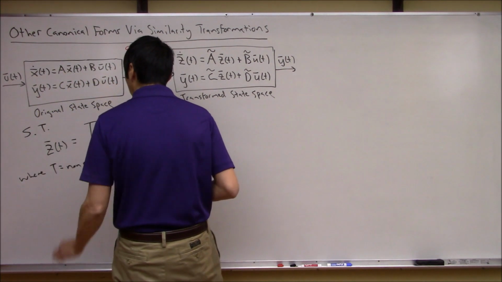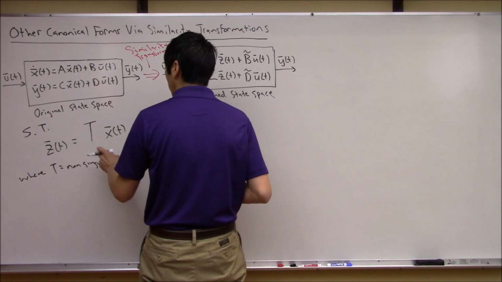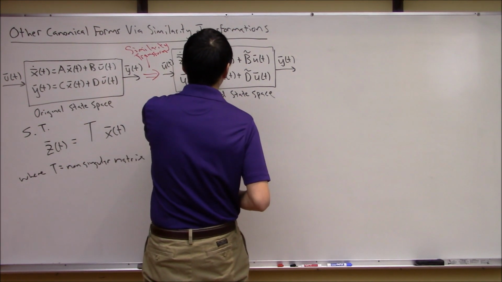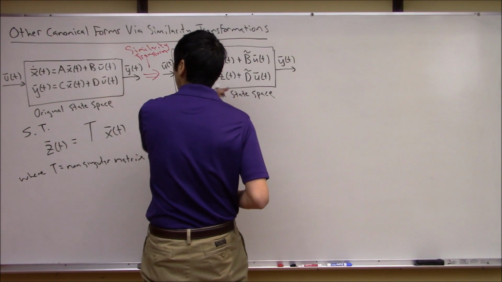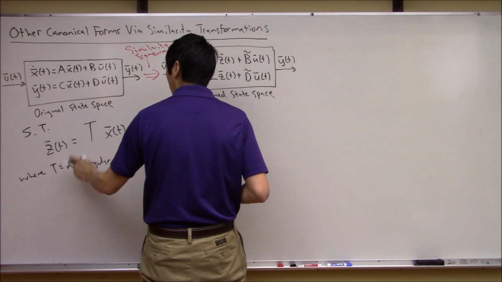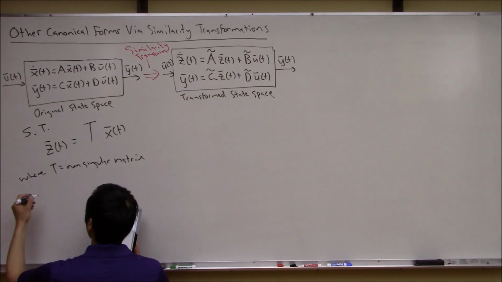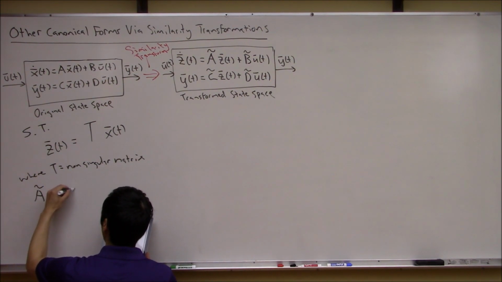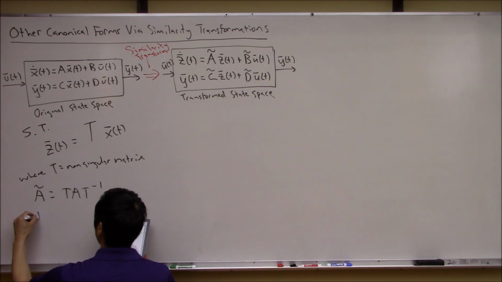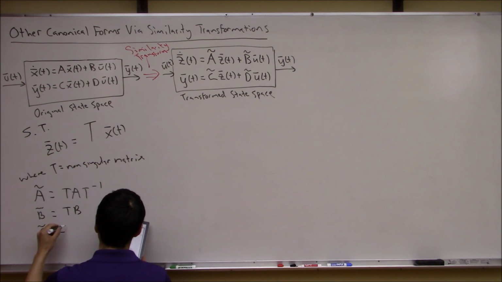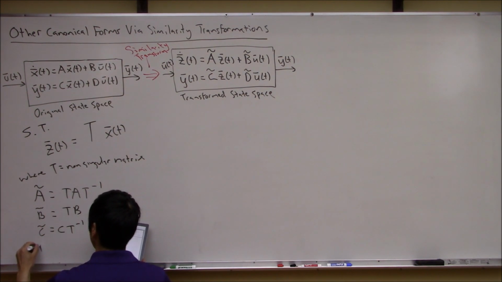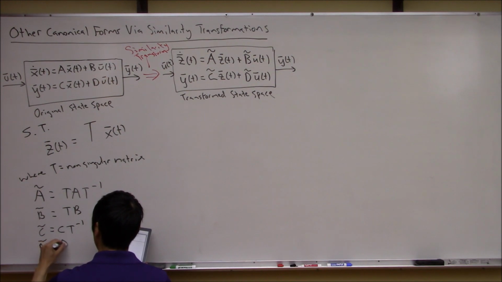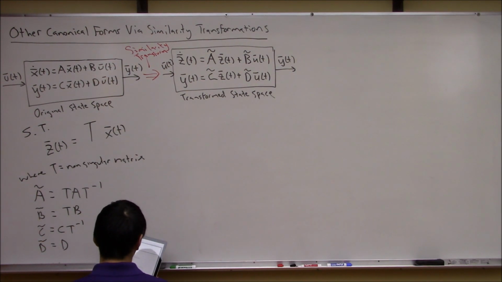In our similarity transformation video, we showed how you get A tilde, B tilde, C tilde, D tilde from A, B, C, D, and T. That relationship was: A tilde is equal to T A T inverse, B tilde was T B, C tilde was C T inverse, and D tilde was just D. That was the idea.